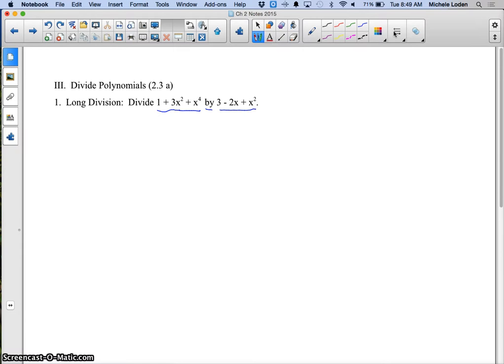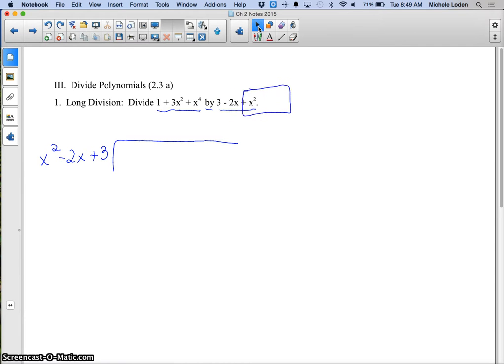What we're dividing by will go on the outside of the division symbol, and I will list this polynomial in order from the greatest power to the least: x squared minus 2x plus 3. Notice that when I changed the order, it did not change the signs of each individual term.